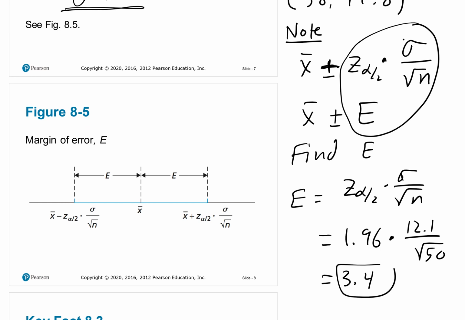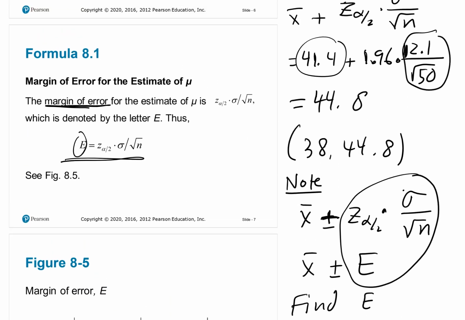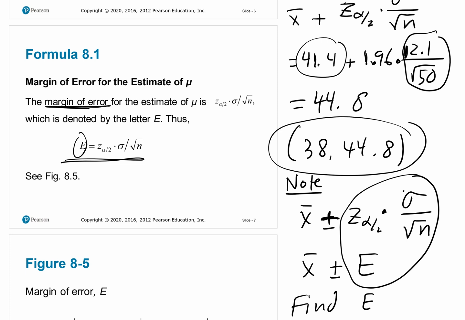So let's say, again, I'm commenting back on the interval. If we reduce the level of confidence to 90%, I did run some calculations here as well. Then the interval will be 38.6 to 44.2. So it's a smaller interval. How do you know this one is smaller than the other one?